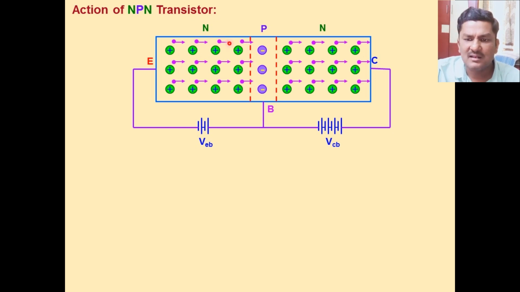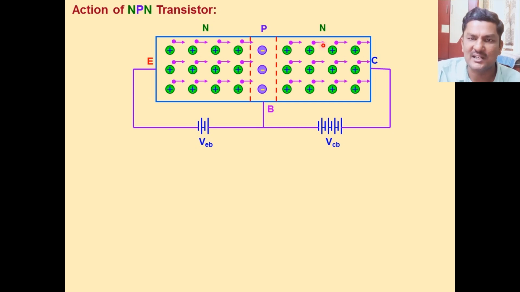These electrons are repelled by the negative terminal of the battery and move to the base region, but the base is lightly doped, so only about 5% of electrons combine with holes, and the remaining about 95% of electrons move on to the collector region.